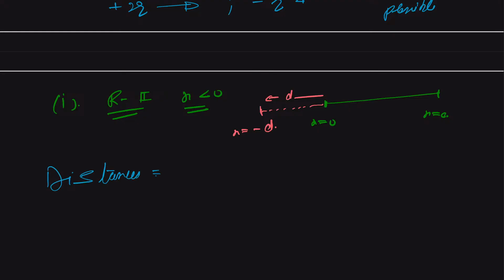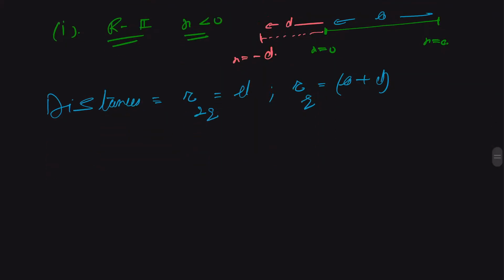So the distance from charge 2q will be equal to d, and the distance from charge q, this distance is a, so it will be a plus d. Now we can write the equation for the electric field.